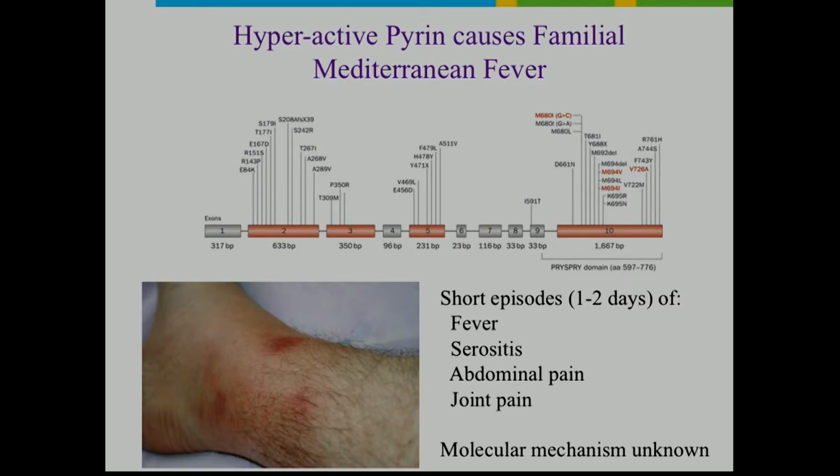Now, Mediterranean fever is a disease where the patients will get quite short episodes, just 1 or 2 days, of fever, abdominal pain, joint pain, and this can progress into amyloidosis if untreated. But the molecular mechanism by which these mutations in pyrin are causing autoinflammatory disease has really been unknown. We don't know much about the molecular regulatory system of pyrin.